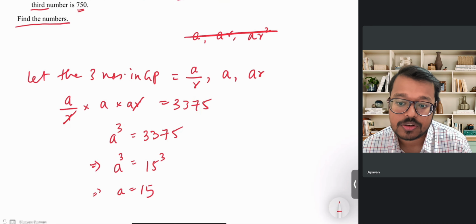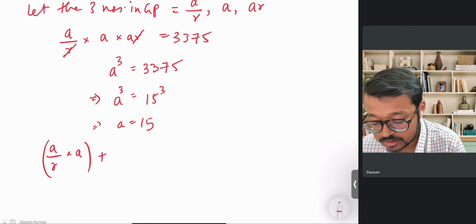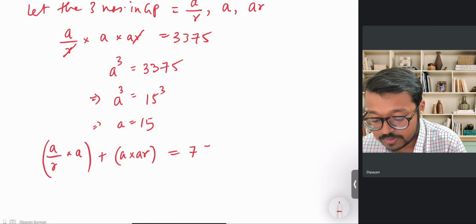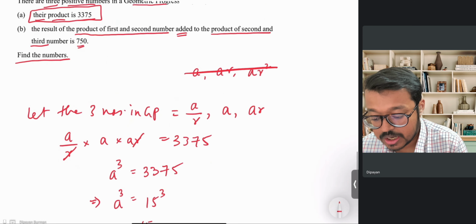We will use the second information given, that the product of the first and second number plus the product of the second and third number is equal to 750. So the first and second numbers' product is A by R multiplied by A, plus the product of the second and third, which is A multiplied by AR, equal to 750. Now the value of A is already known as 15.